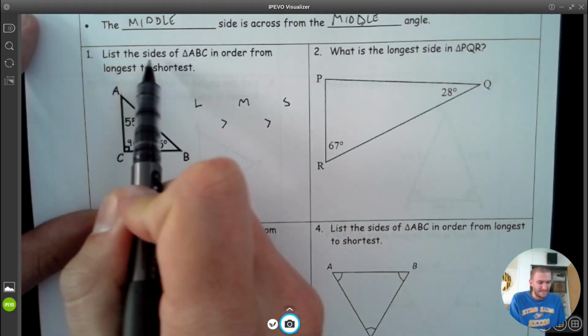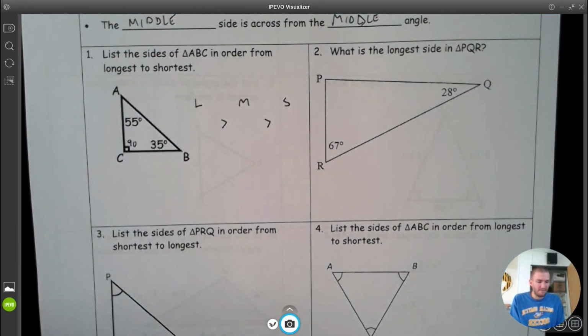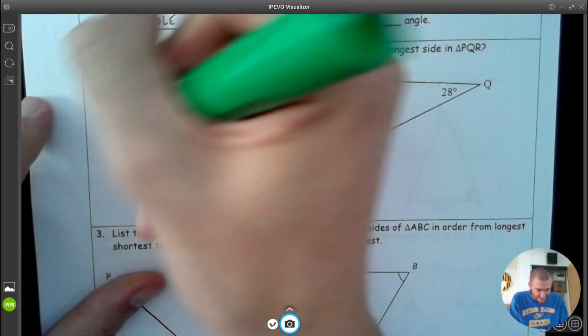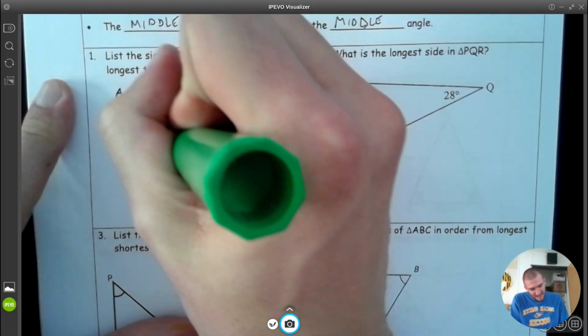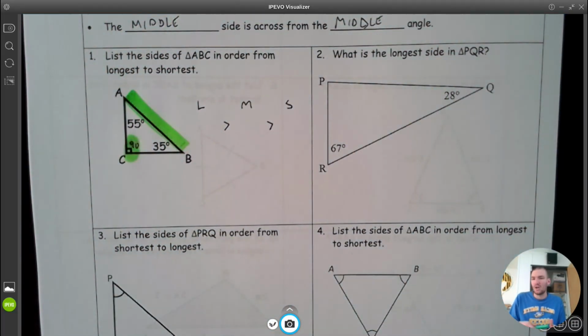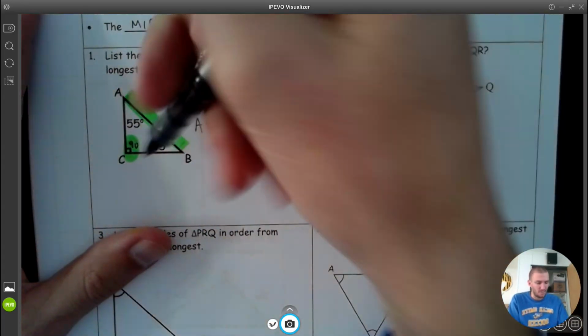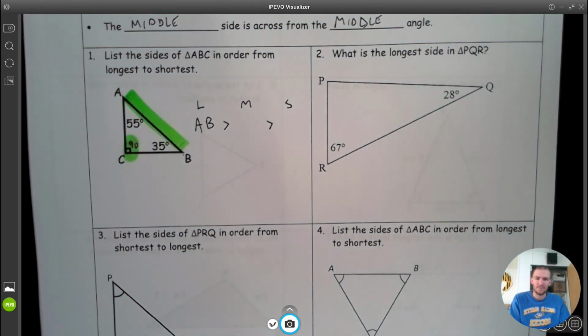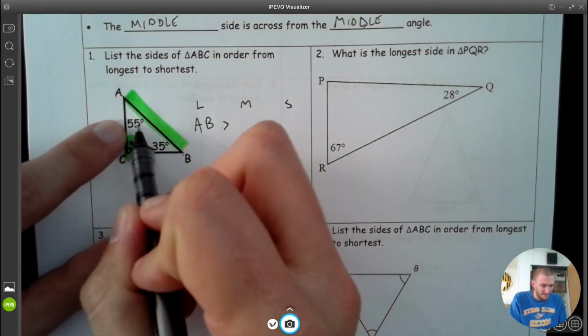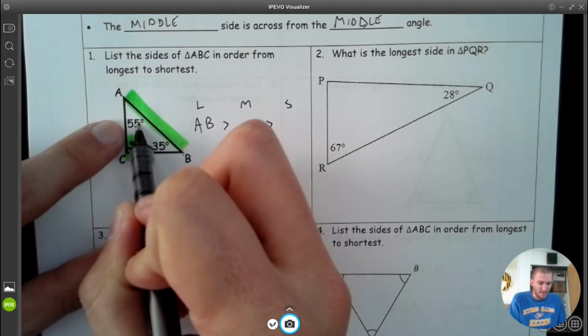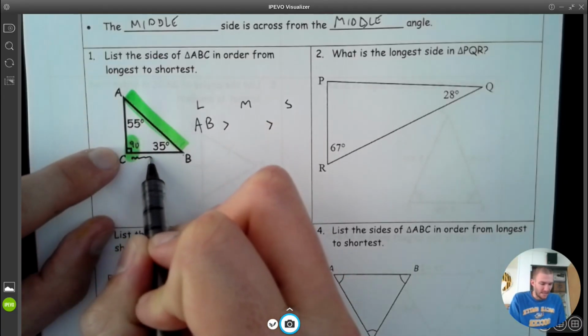Now it wants me to list the sides, and so if 90 is the biggest, then this is the longest side. Now that could be written as AB. It could also be called BA, but it doesn't matter too much, okay? Then the middle is 55, and so the middle is this side over here.